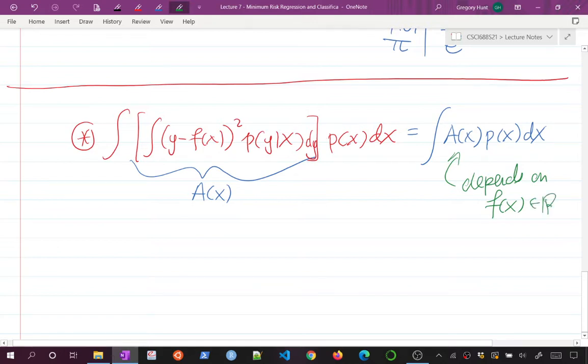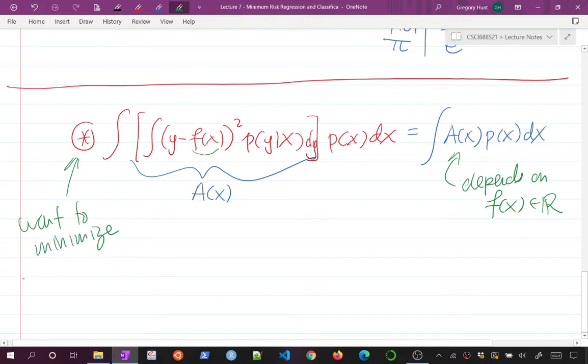This value f at that x gives you a at that x, because that shows up in the formula there. And so a of x depends on f of x. And I want to minimize this, right? So I want to minimize this. Let's write that. I want to minimize this.